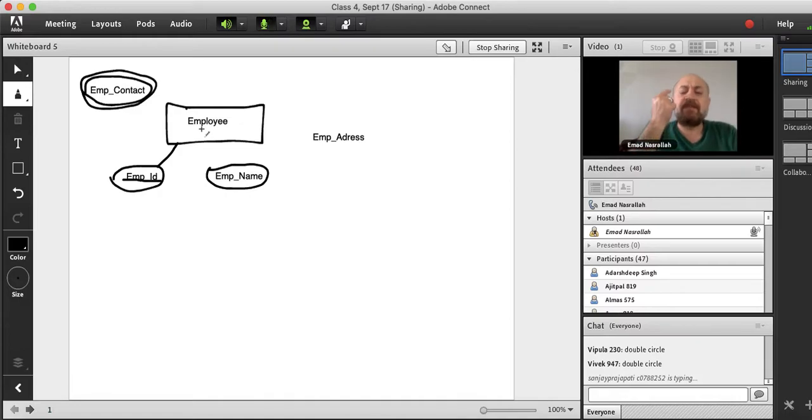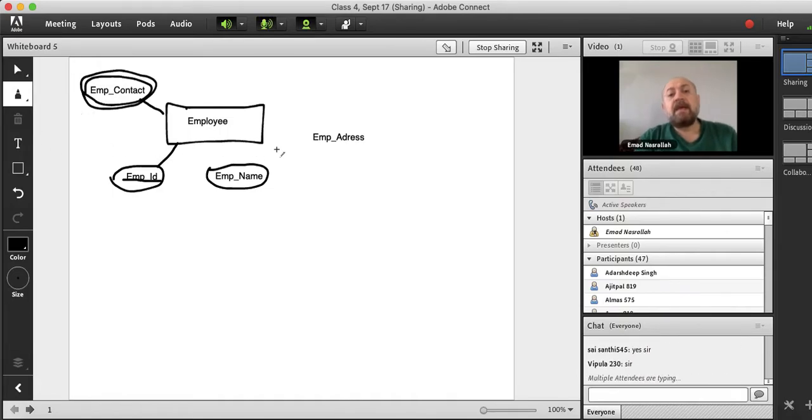No, even if one employee has multiple, it has to be multi-valued. Yeah, I will share everything, don't worry. Do you understand what is the multi-valued attribute?